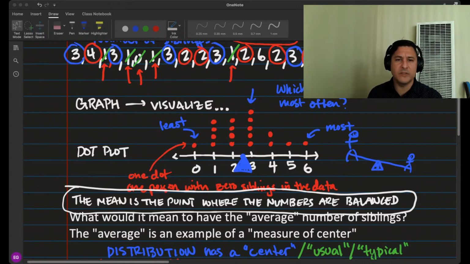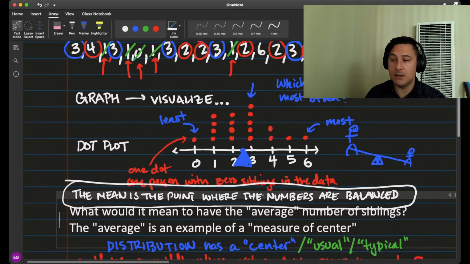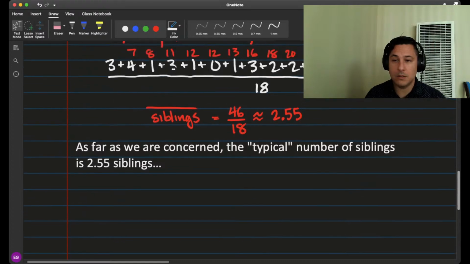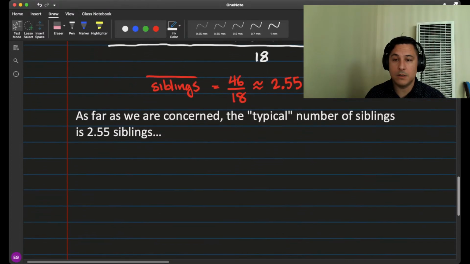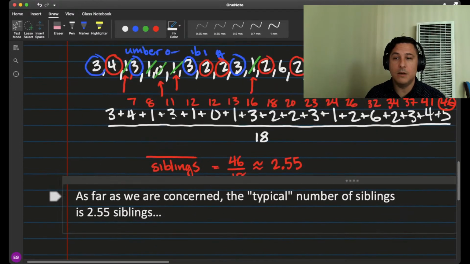Okay, making sense so far? Anything we want to ask? Okay, so I'm going to scroll back down. Okay, what was horrible about calculating the mean?